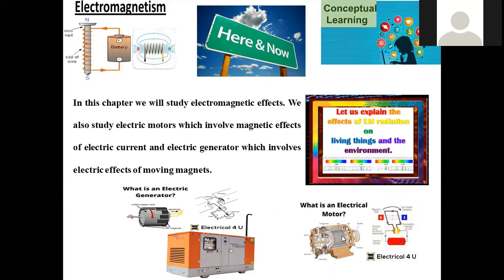What is the purpose of a motor? In order to pump water from the underground region, or in order to move a vehicle, motors are required. And a generator is nothing but, whenever power supply is not possible, instant energy production is possible by using electrical generators, which are also known as inverters, where chemical energy can be converted into electricity.